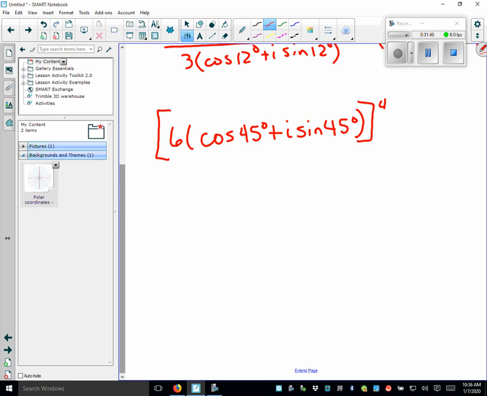The directions say find the indicated power. Leave your answer in rectangular form. All right, what is this? Okay, but how do I do it? Power of the 6 to the 4th. You gonna make me do that in my head? 1296. Yes.